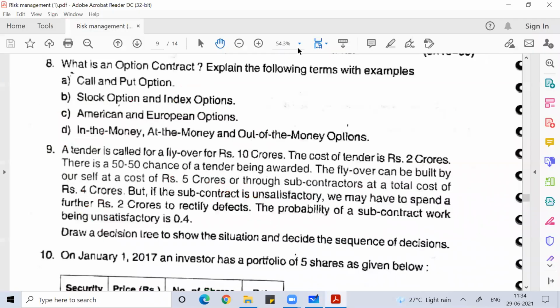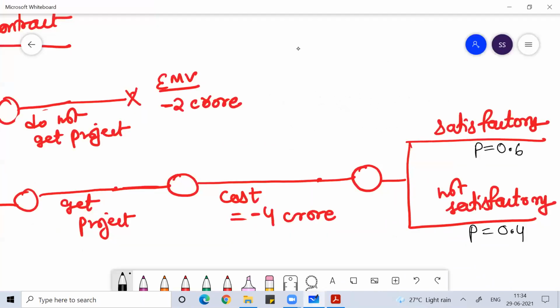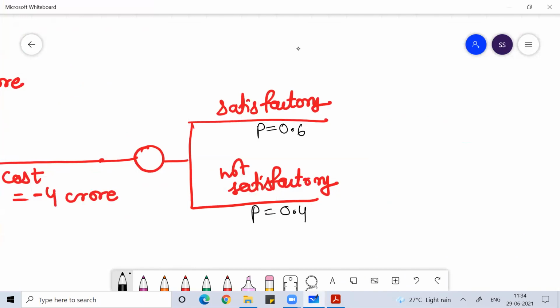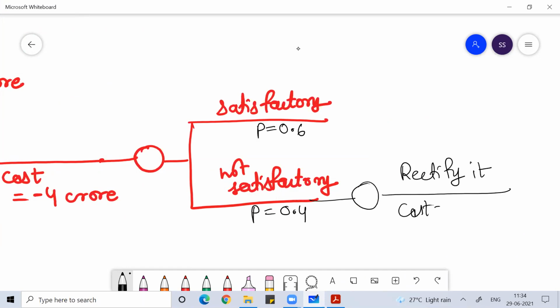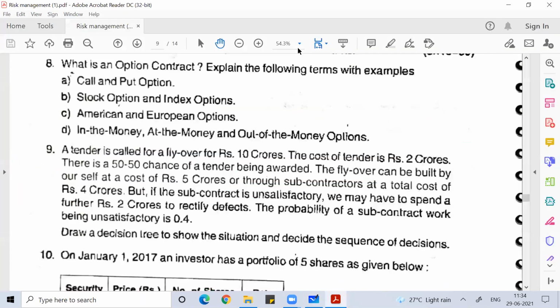And what is also given is that if the work is not satisfactory, then you need to rectify it, and you need to put another cost of 2 crore rupees to rectify it.